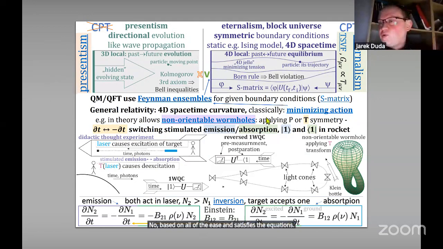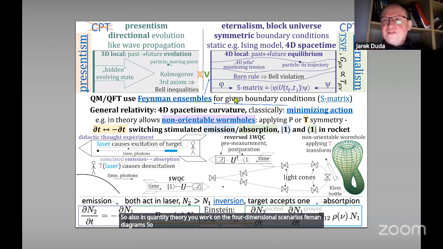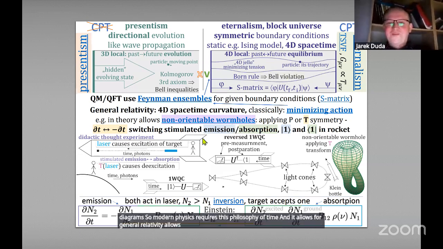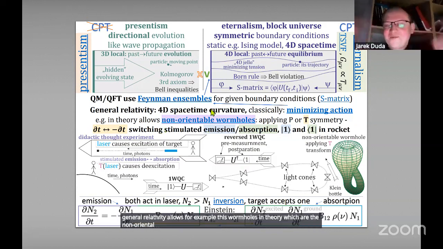Also in quantum field theory, you work on four-dimensional scenarios, Feynman diagrams. So modern physics requires this philosophy of time, and general relativity allows, for example, wormholes which are non-orientable. This is just a thought experiment, but in theory allowed by general relativity.